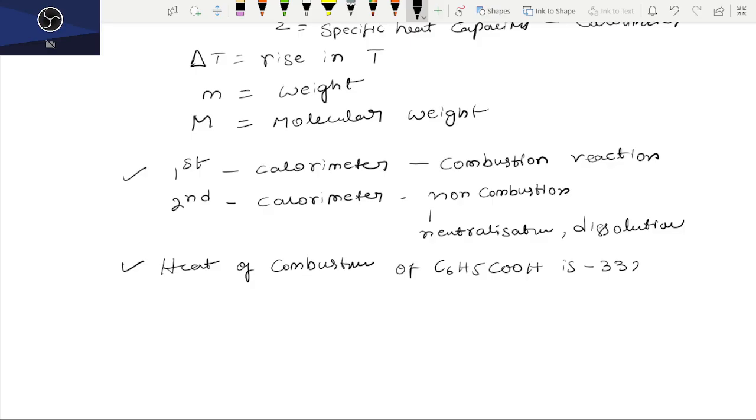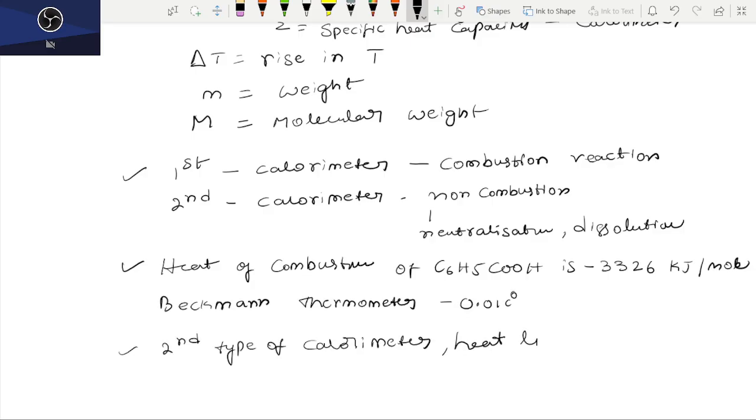Right. For the second type of calorimeter, whatever heat is going to be liberated, heat liberated is equal to W plus volume of reaction mixture into rise in temperature.